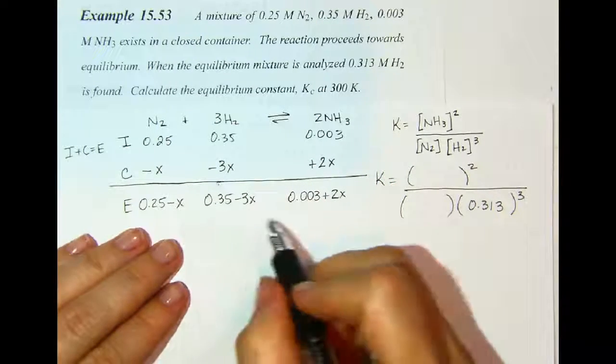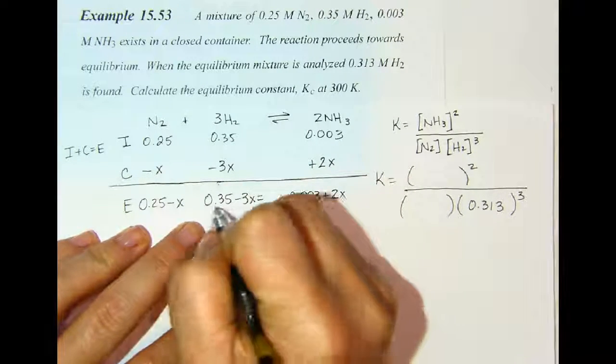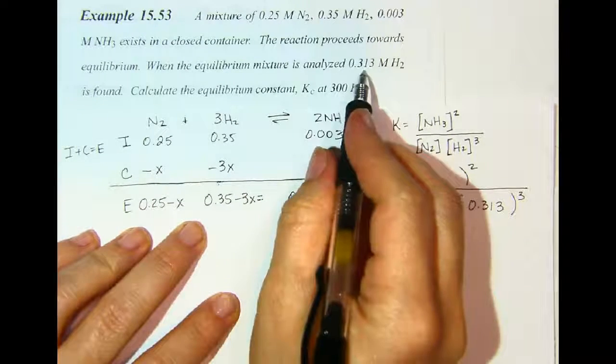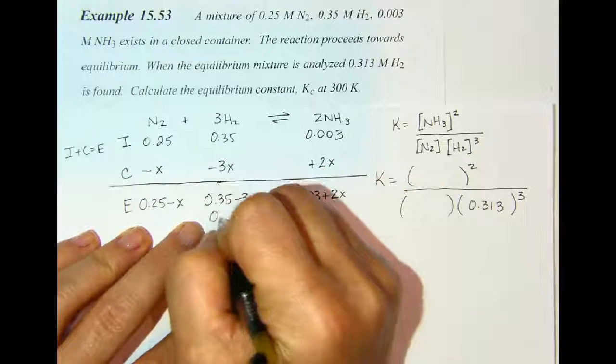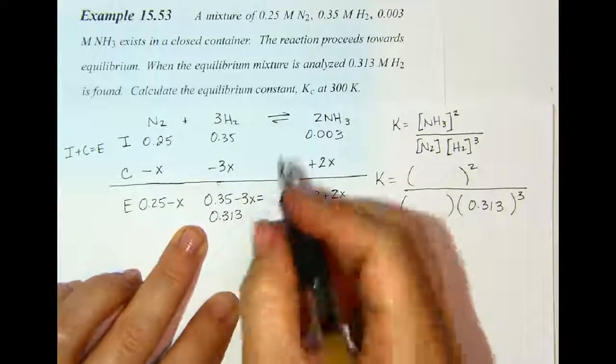Now these are the concentrations at equilibrium. We have already been told that this 0.35 minus 3x is equal to 0.313 for hydrogen, because that is the concentration at equilibrium of hydrogen.